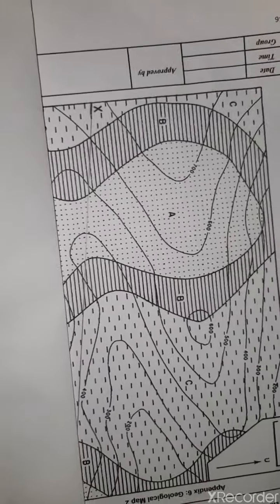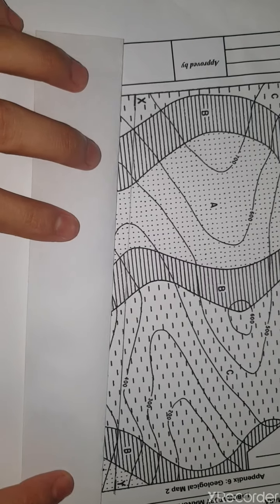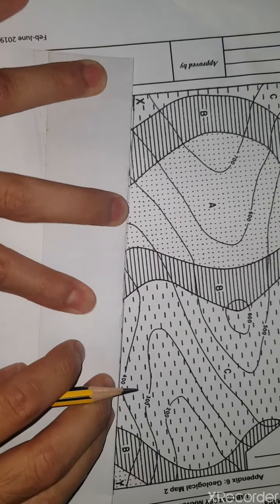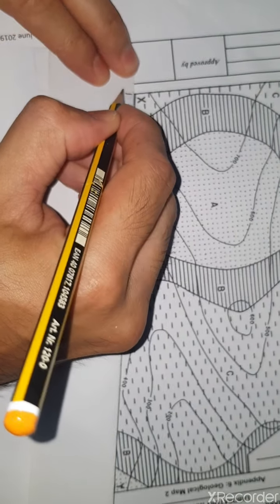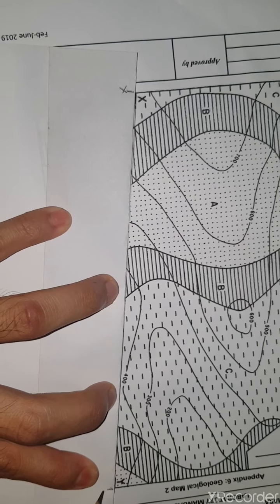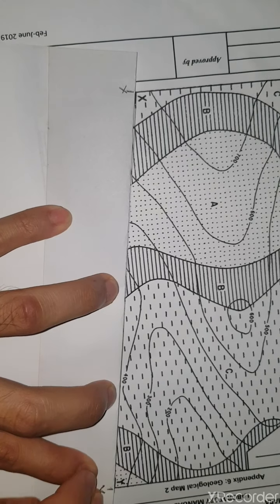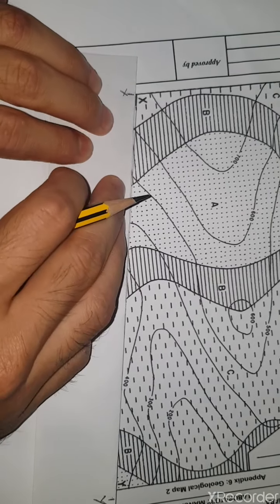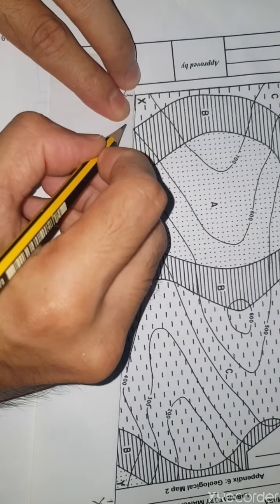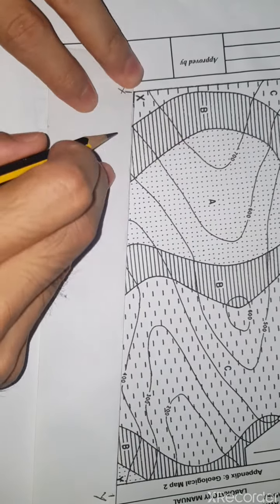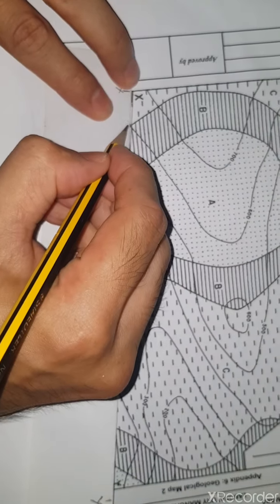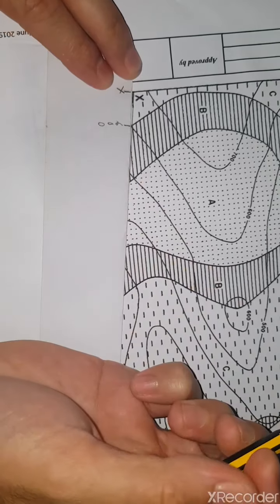The next step is you must point the X and Y. Here is X and here is the point of Y. After that, point the contour lines which intersect with the line X and Y. The first one is here, which is 600.